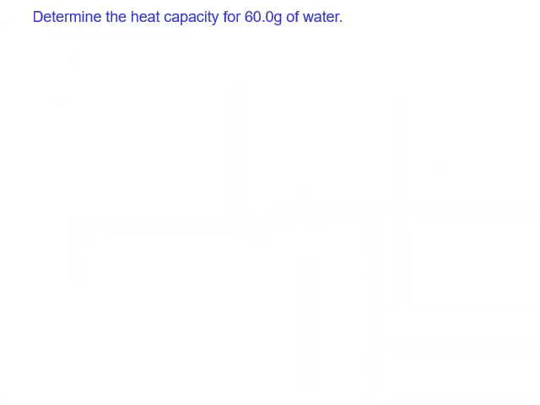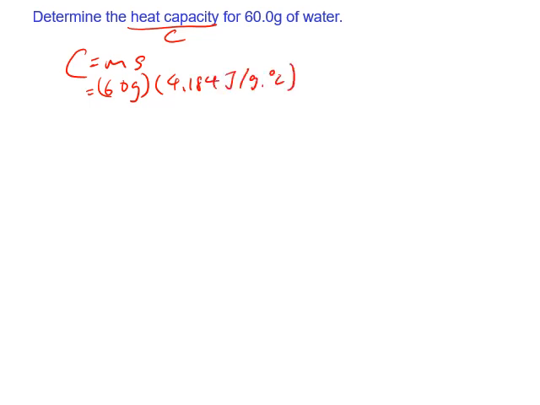Right, next. Here are some questions for you to test your understanding. Determine the heat capacity for 60 grams of water. Heat capacity, once again, has the symbol C. According to the formula, C equal to ms. m is mass, so of course we put 60 grams. The specific heat of water is given, which is 4.184 joule per gram per degree Celsius.